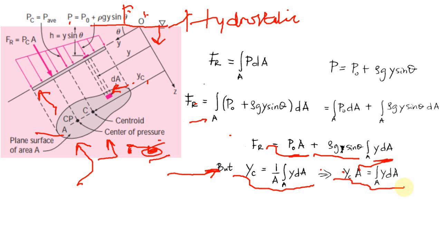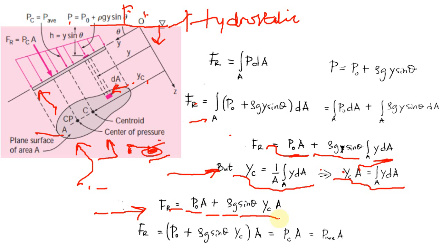So we can substitute for the integration of y dA. As we substitute, we have the resultant force Fr equal to P naught A plus rho g sine theta yc A. Let's continue further and take area common for both terms.